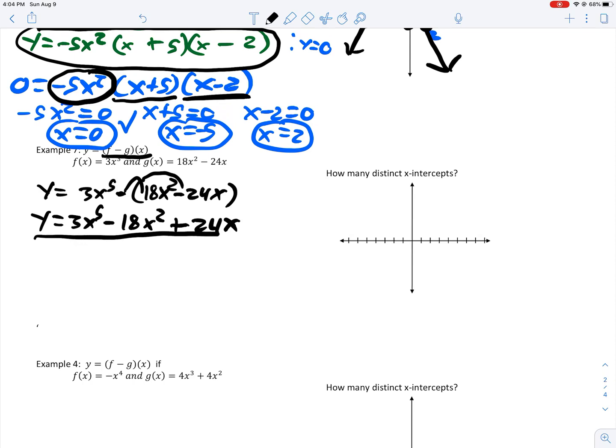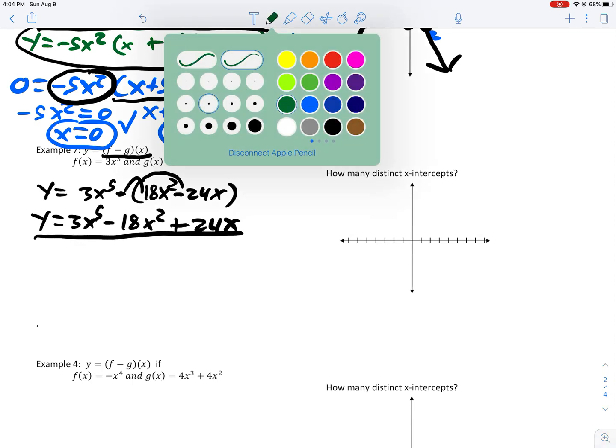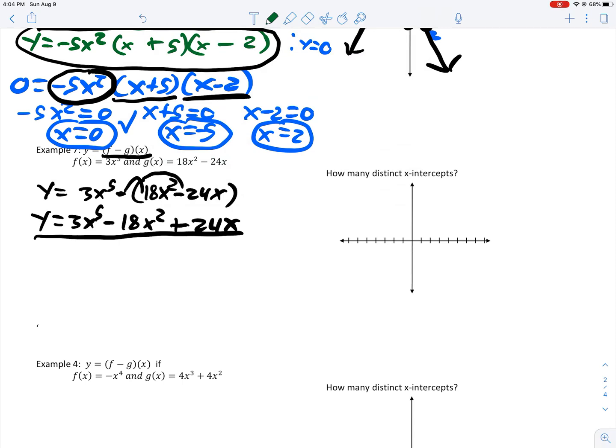We're going to have to eventually factor it, but we might as well get the end behavior right now. So it's x to the 5th, so that means it's odd. And it's a 3, so it's positive. So end behavior is low to high. Again, in standard form, it's easier to figure out the end behavior, so I would just figure it out first.